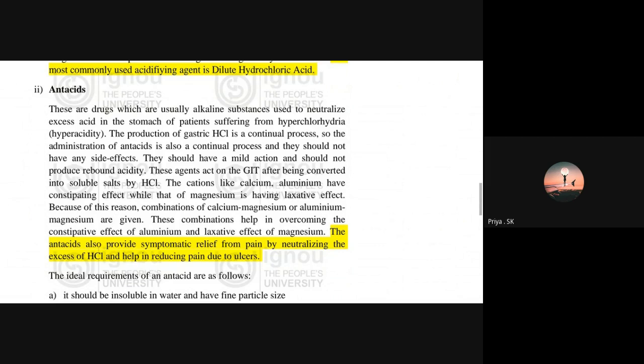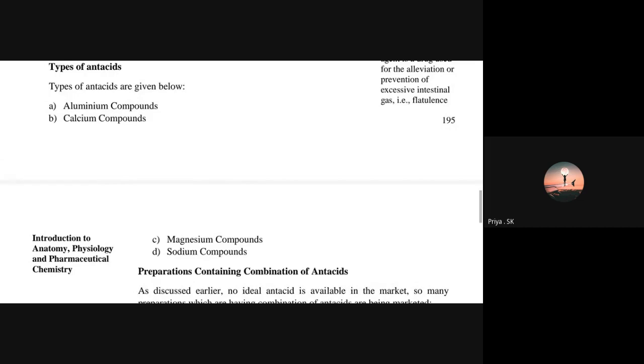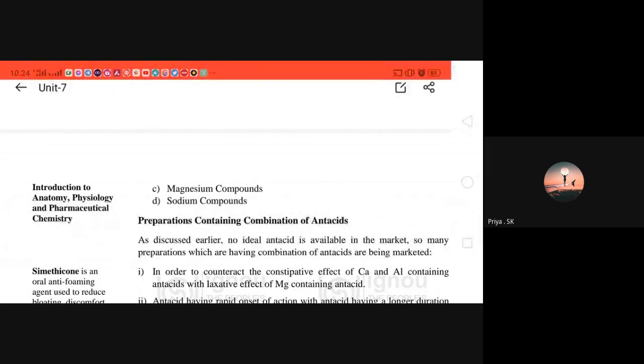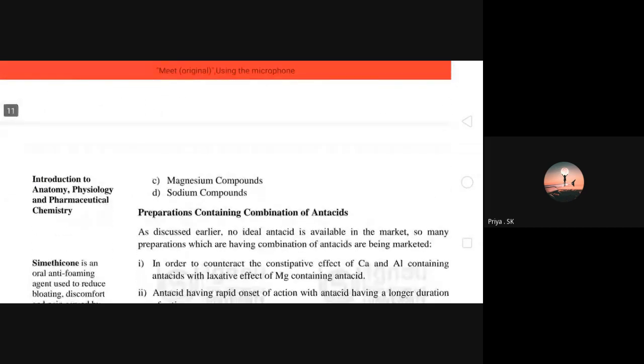So it can prevent ulcers also due to excess hydrochloric acid, and it can neutralize the hydrochloric acid which is in excess in the stomach. Types of antacids can be aluminum compounds, calcium compounds, magnesium compounds, or sodium compounds. Depending upon whatever we need, we can change the composition of the antacids.